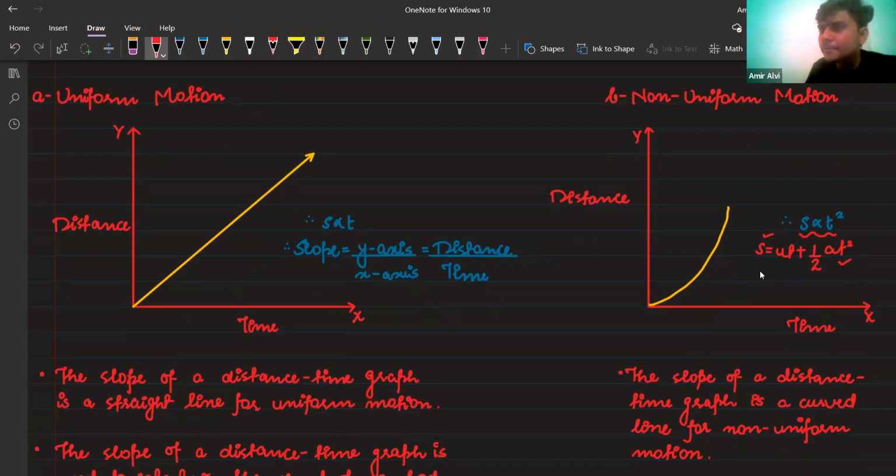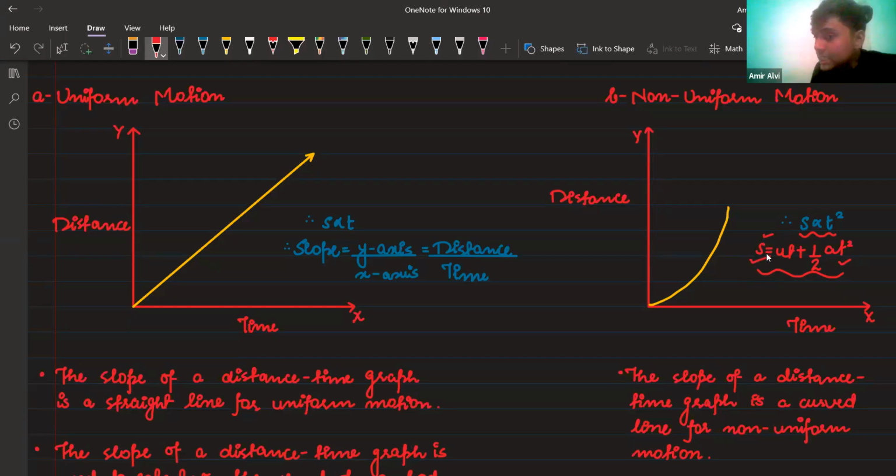Naisha, your voice is breaking. Please say it again. Non-uniform. Naisha, this equation is used in uniformly accelerated motion. In terms of acceleration, this equation is uniform.